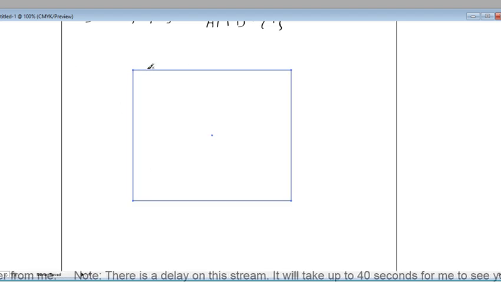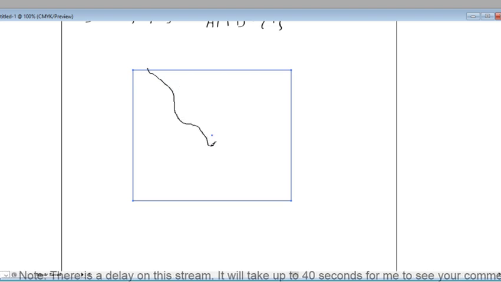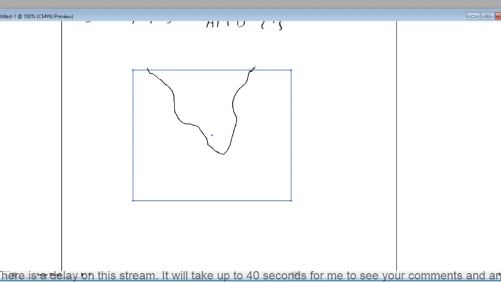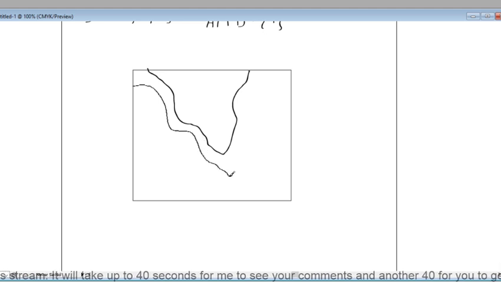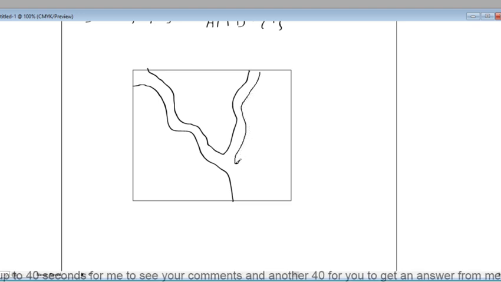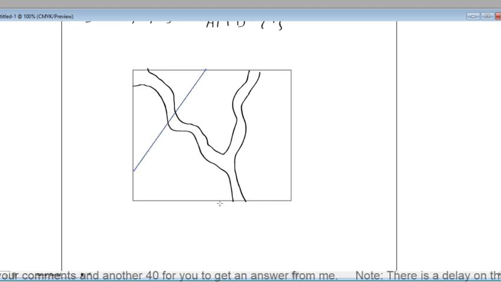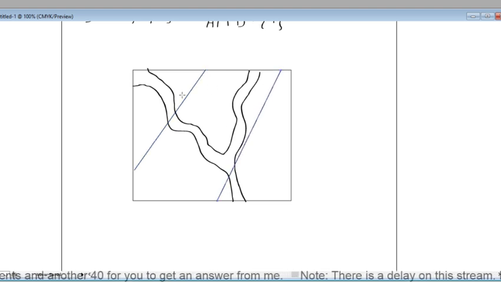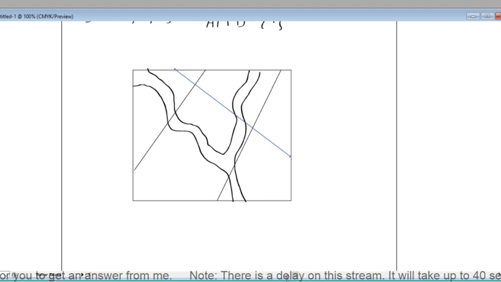I'll just sketch in some things. Okay. So imagine, if you will, that this is a map. Maybe a map of a county.